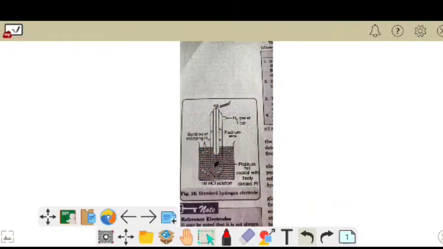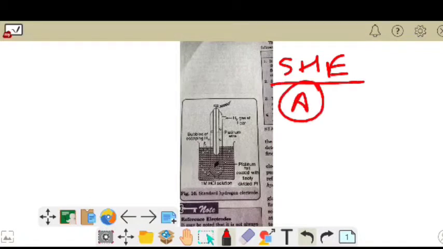The reaction. You know that SHE can act as anode. So what is the reaction when it acts as anode? When it is acting as anode, oxidation will occur. Clear? Oxidation.